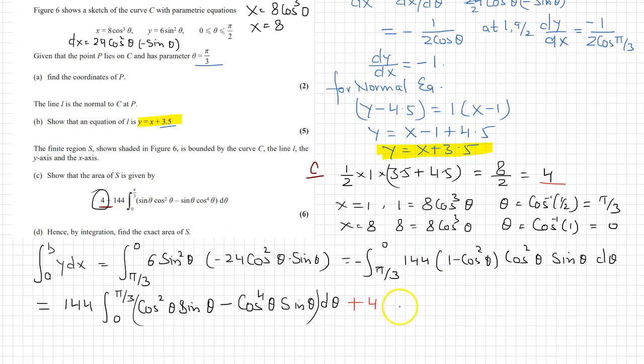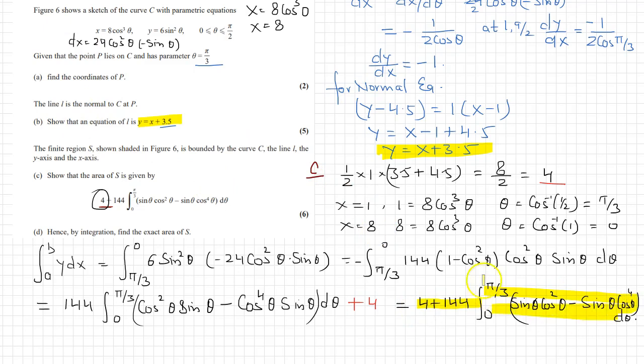So we can write it, that is equal to 4 plus 144 integral 0 to pi over 3 of sine theta cos square theta minus sine theta cos 4 theta d theta, and that is what we are supposed to prove. Yeah, this is a positive sign.